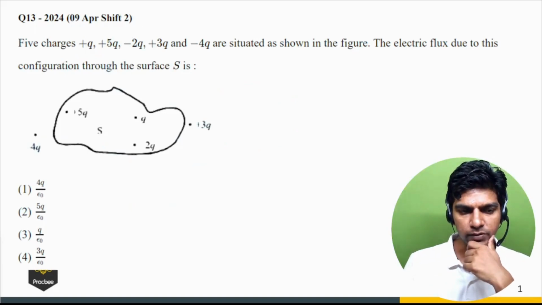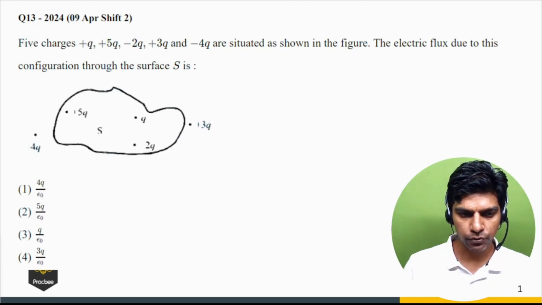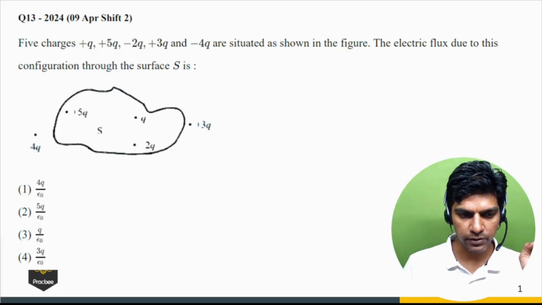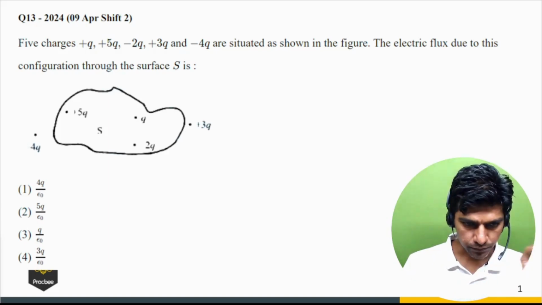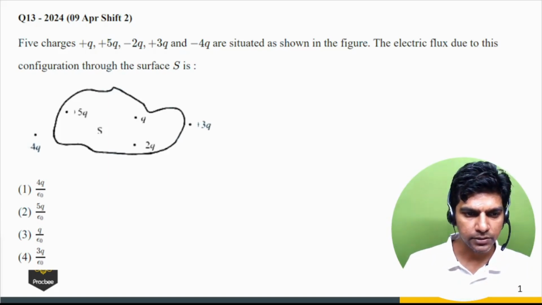Next, we are given 5 charges, plus q, plus 5q, minus 2q, plus 3q, minus 4q, situated as shown in the figure. The electric flux due to this configuration through the surface S. In such a question, you have to find the charge enclosed by the Gaussian surface. So here we have 5q, q and 2q.